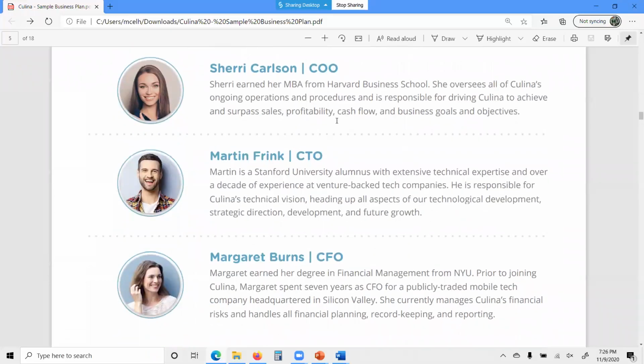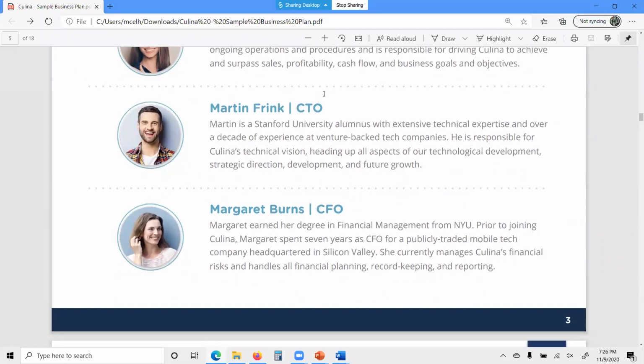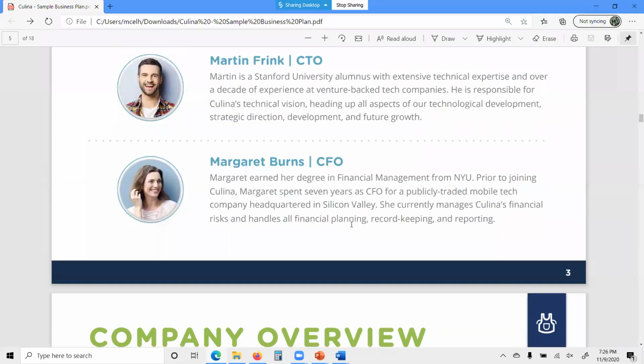They have the chief operating officer, Harvard MBA. The chief technology officer, Stanford University. Pretty impressive. Chief financial officer, financial management from NYU.